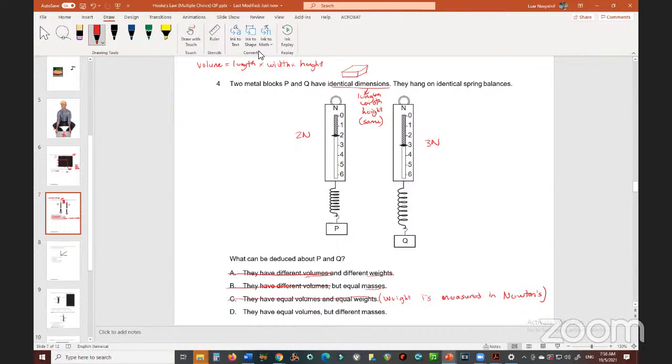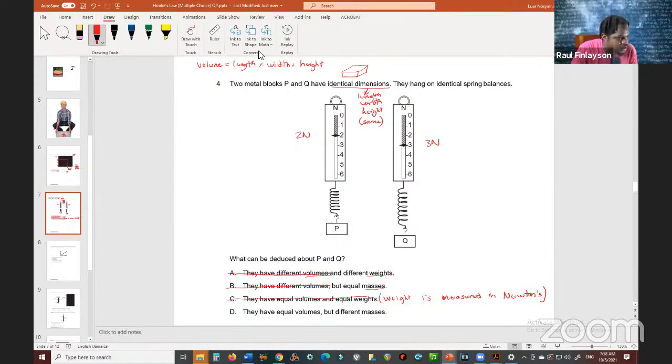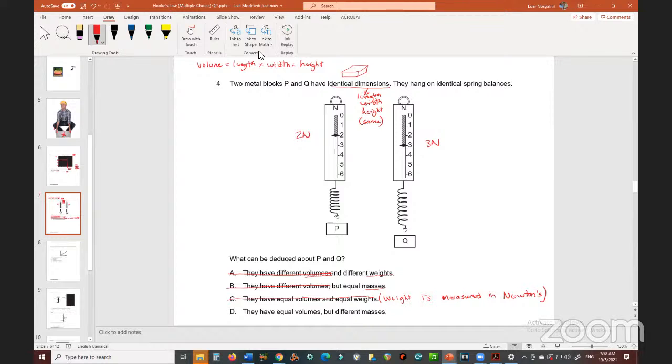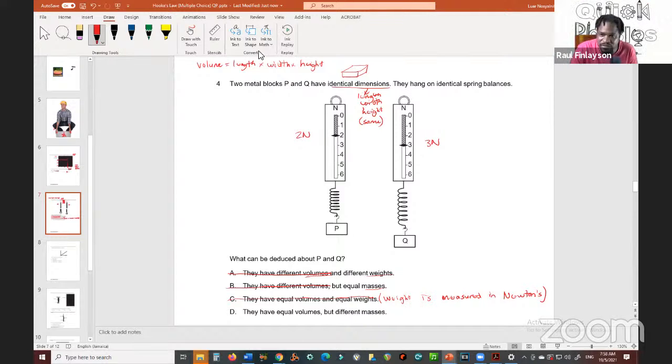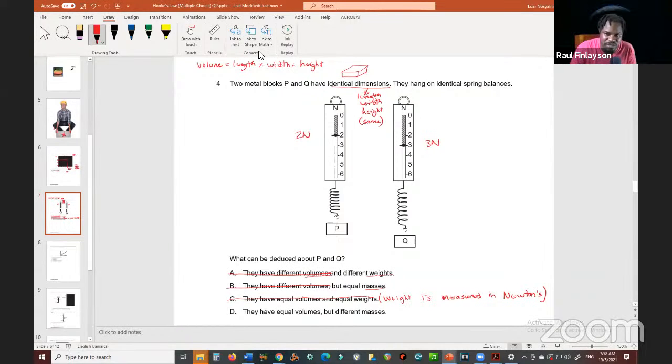Sir, can you explain how the volume part comes in again? It is up here: the identical dimensions. Dimensions mean the different parts of the object, which are the length, the width, and the height.